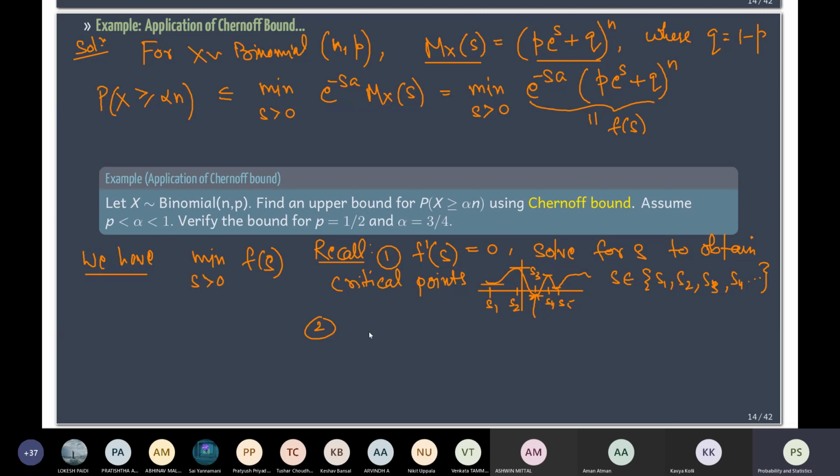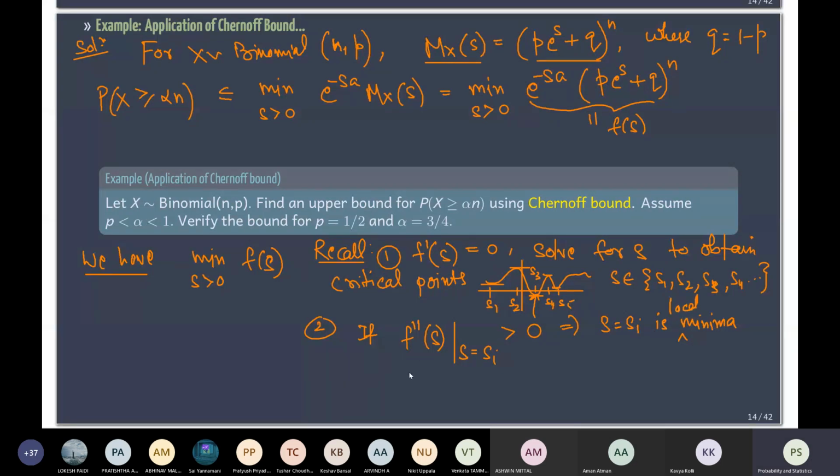If f double prime at s equal to s_i is greater than 0, then the rate of change of the tangent is increasing, and that is characteristic of a minima. This implies s equal to s_i is a local minima. Equality to zero may create some issue because we may get a saddle point.